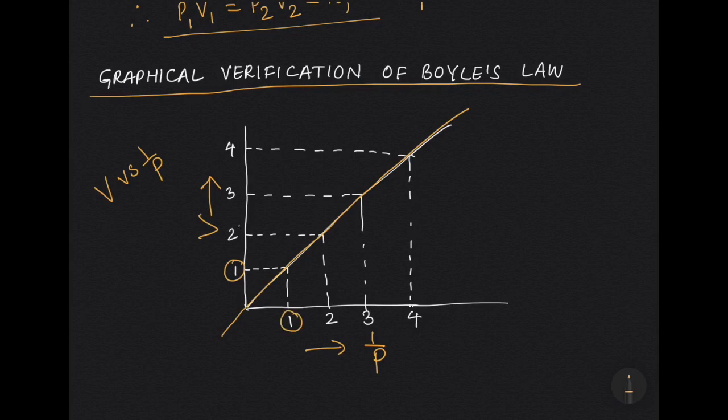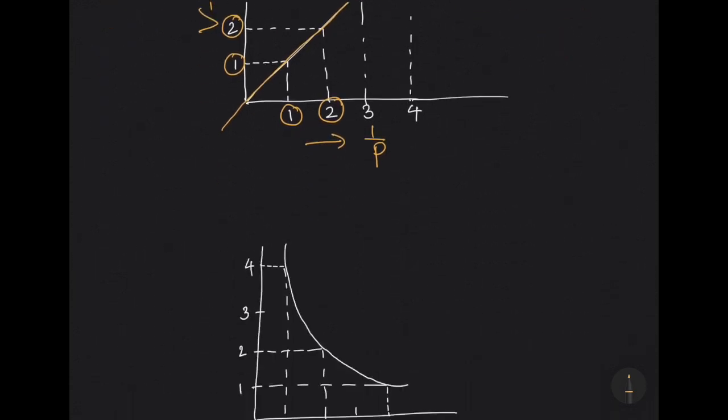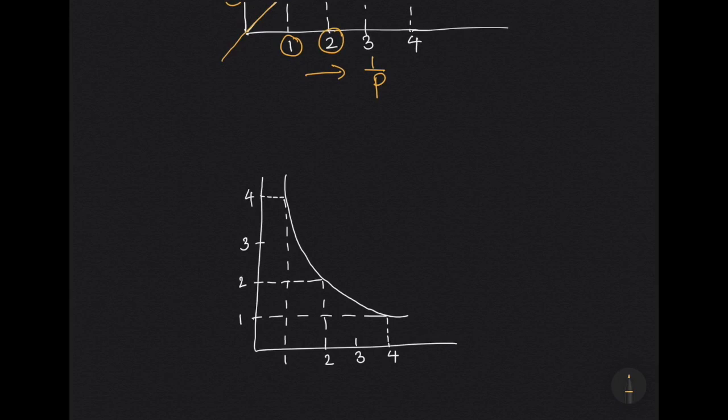When the volume is 2, inverse pressure will also be 2, and so on. So in this case, you know that temperature is constant. It does not change.